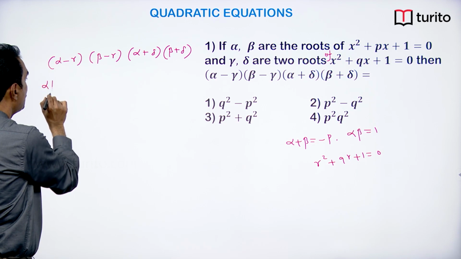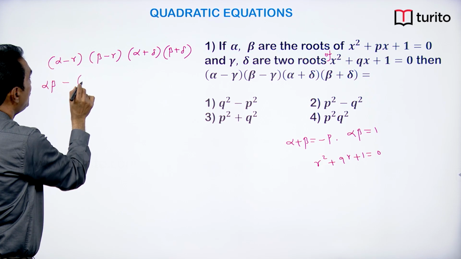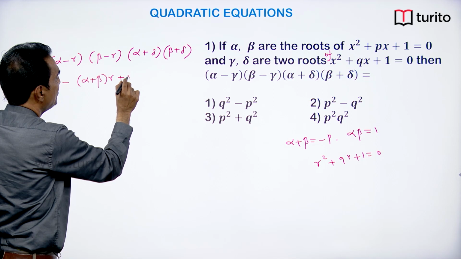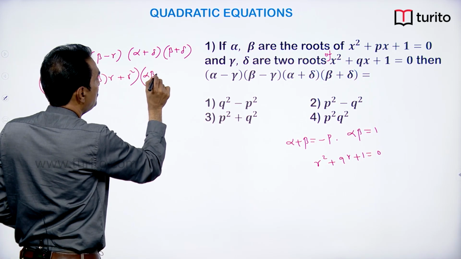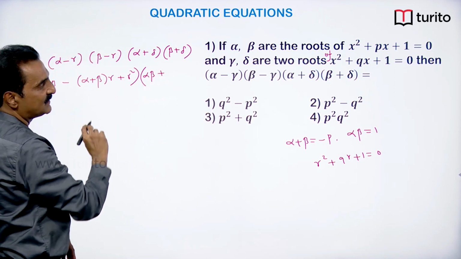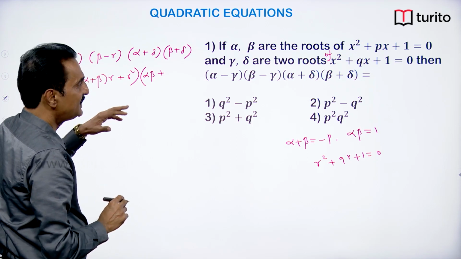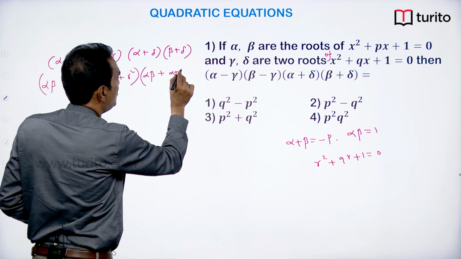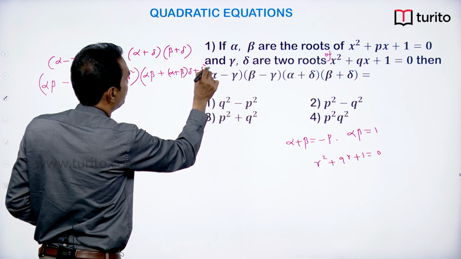Alpha beta minus of alpha plus beta into gamma plus gamma square into alpha beta plus, I think both are plus, I will check. Alpha plus beta into delta plus delta square. Okay.